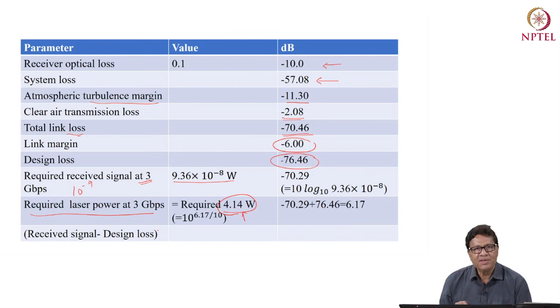You require a laser power of about 4.4 watts and a very, very low divergence angle theta, a very, very narrow beam, in order to cover the distance from satellite to ground. These are some typical values which one can use for identifying different components for a space link.